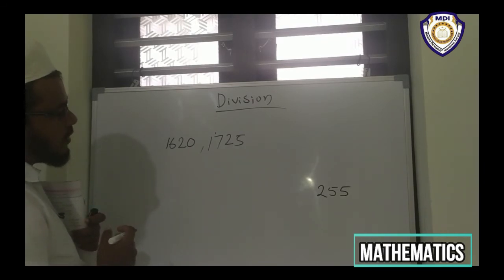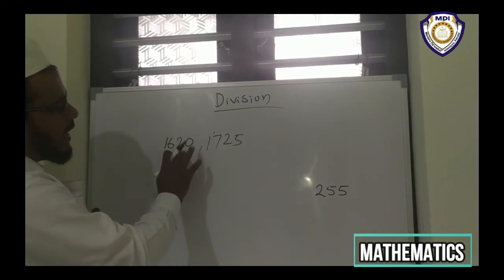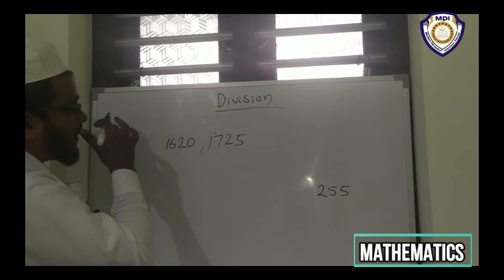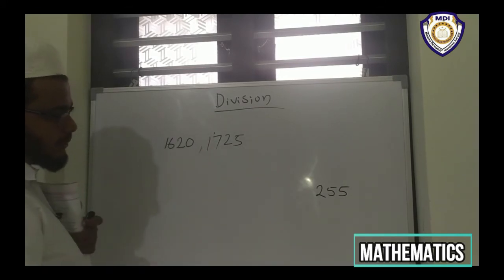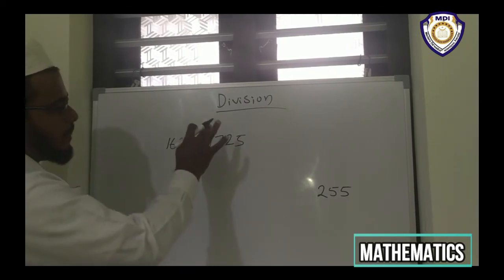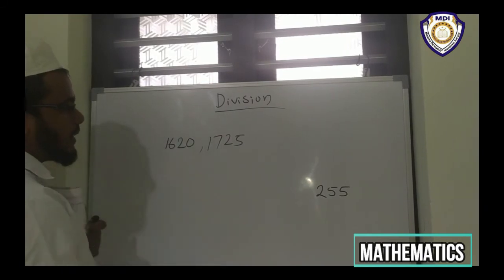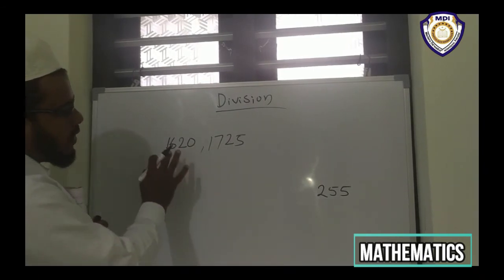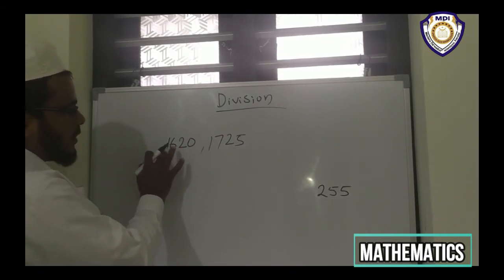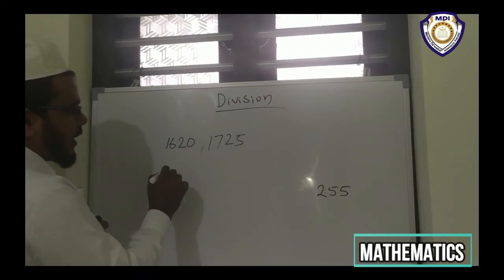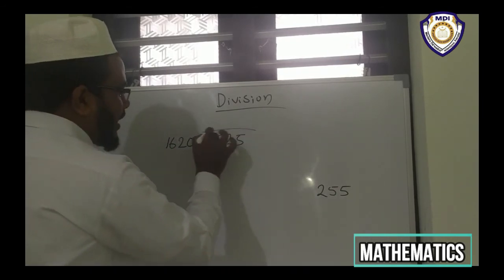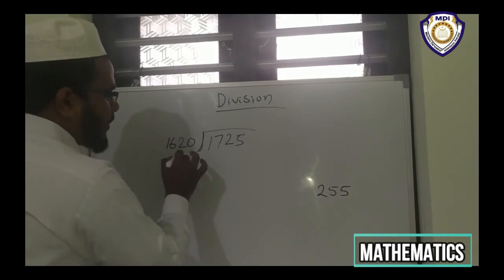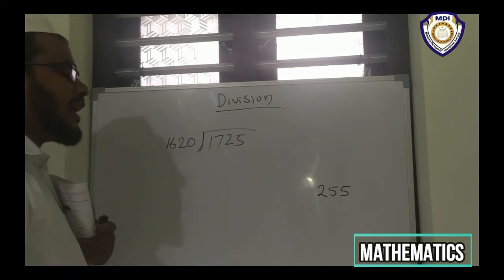The smallest number should be the divisor and the largest should be the dividend. Here the smallest number is this one, because here it is 6, here 7. Okay, it is the divisor and it is the dividend.